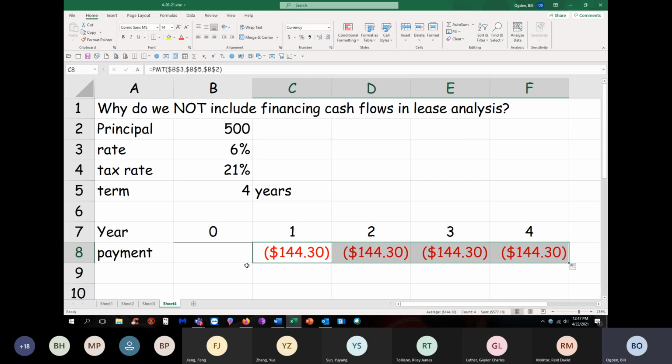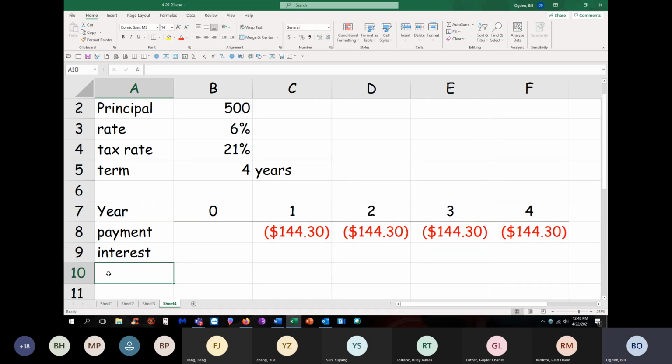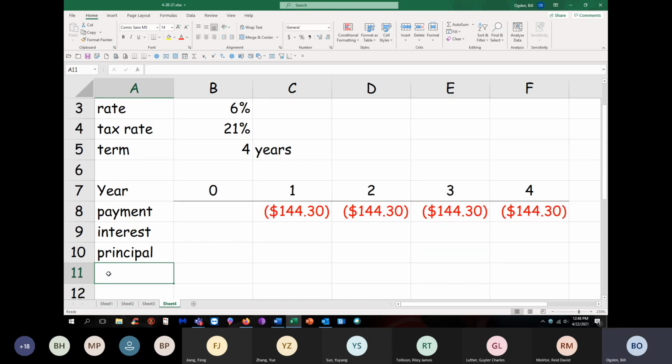Okay. And then we'll have an interest calculation. We'll have a principal calculation. And we will have an interest tax yield.